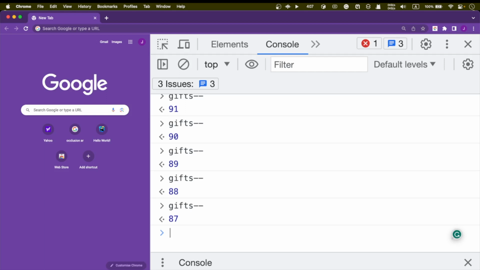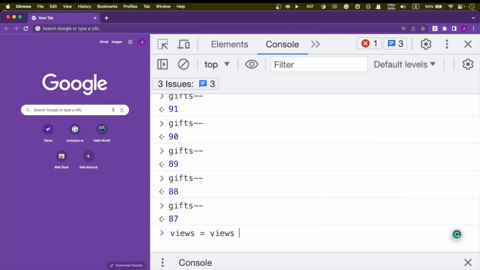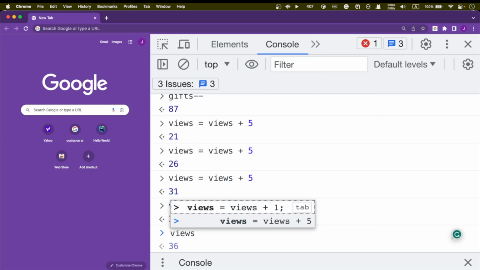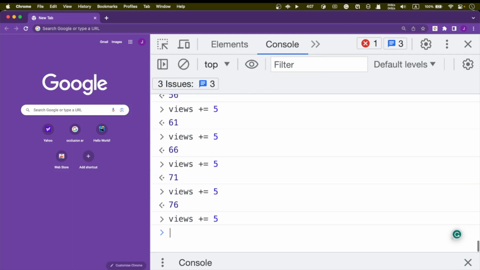The safer way of doing it is views equals views plus 5. But there is a quick way of doing it, and that will be views plus equals 5. This achieves the same result, using less code.